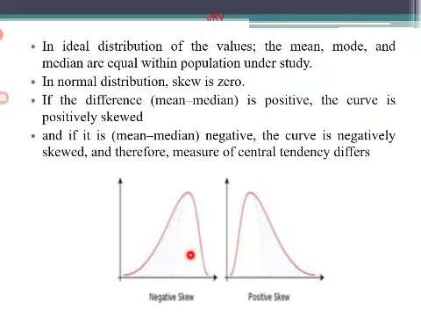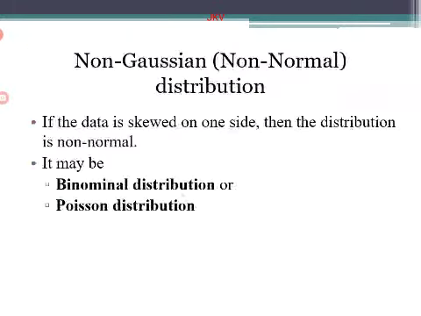For example, when we draw the bell, we get more data here and less data here. We can say that this is negatively skewed. So there is normal distribution, there is negative skew, and there is positive skew.